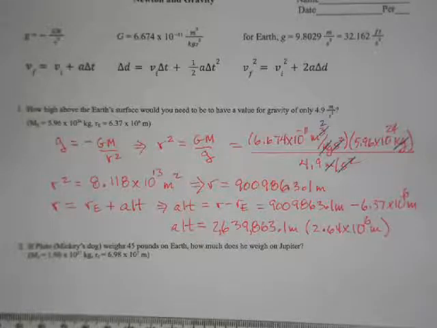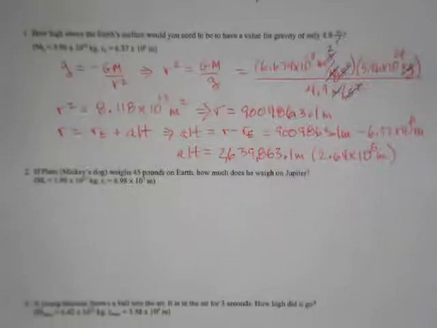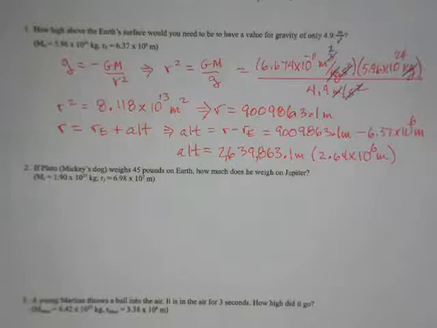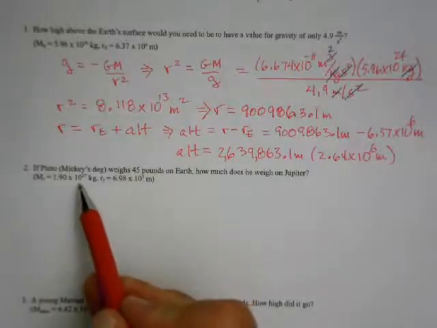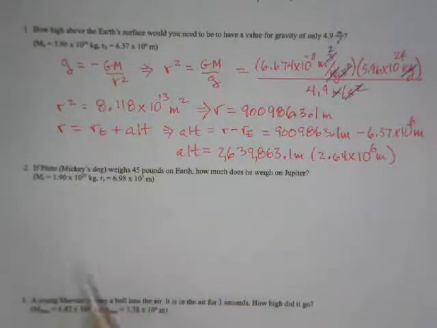All right, second example. If Pluto, Mickey Mouse's dog, weighs 45 pounds on Earth, how much would he weigh on Jupiter? Please note Jupiter is 1,000 times more massive than the Earth, and roughly a little bit more than 10 times the radius.